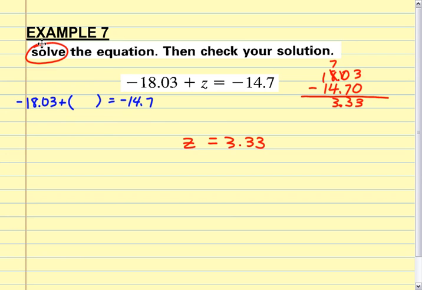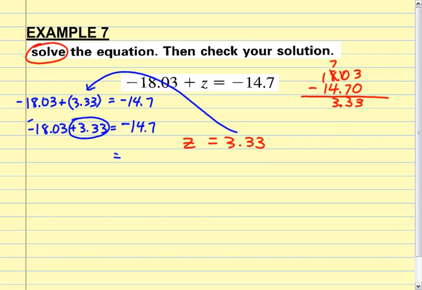And I'm going to stick in what z equals, 3.33. Okay. Now, when I rewrite this, I get negative 18.3 plus 3.33 is equal to negative 14.7. Let's put these two things together. How do I do that, Casey?